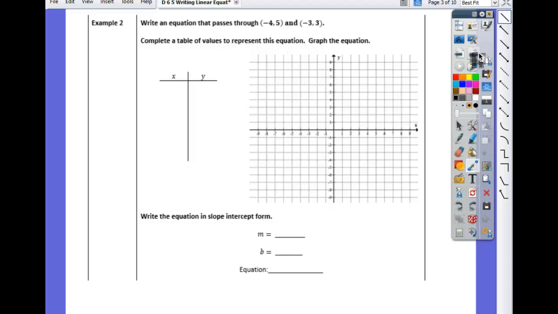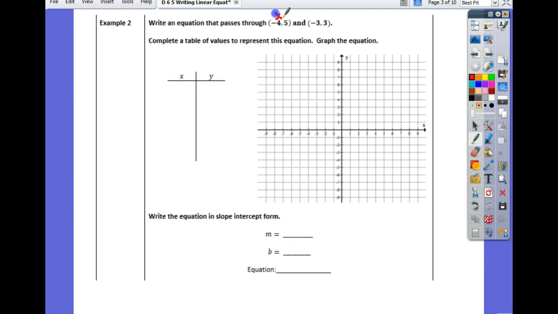Now here are just the 2 points. No story problem. First thing you need to do is label them X and Y, so you know which ones are which. X, Y, X, Y. What do we have to find first? The M, the slope. We need to find the slope first. So y minus y, what's 5 minus 3? 5 minus 3 is 2.